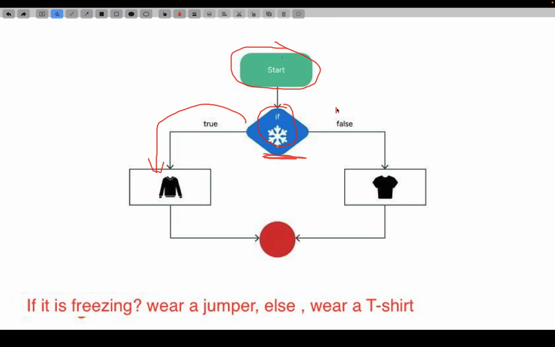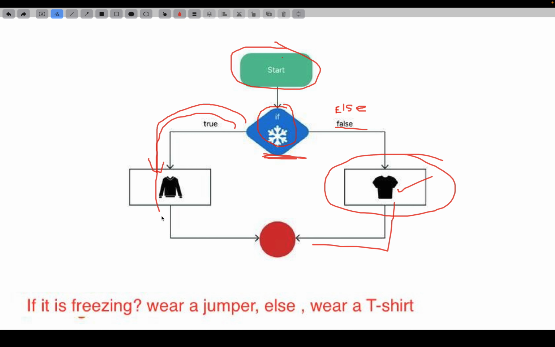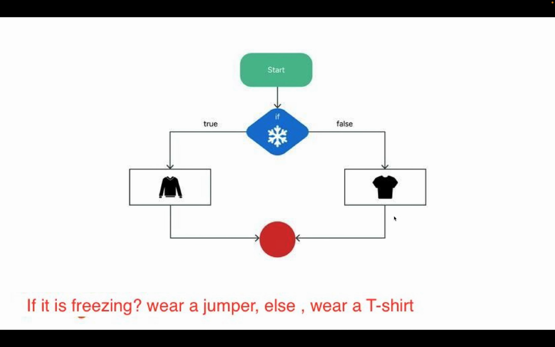We're not putting any condition. We're just saying if this is not true, doesn't matter what it is, say wear a t-shirt, right? And then in both cases, if this is true, then you end. You don't go there, right? So let's do this.